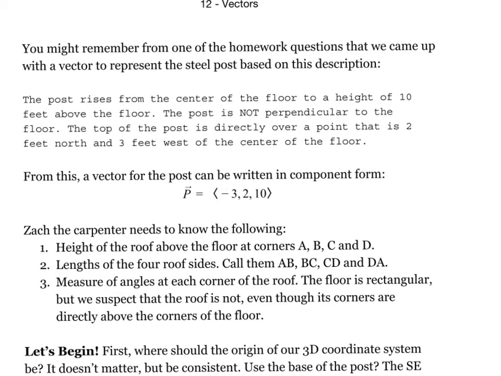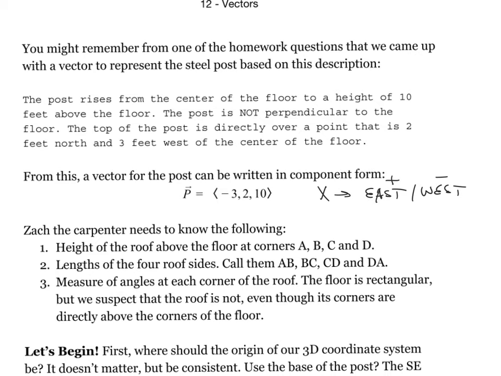And so we have here a vector shown, and this is actually done in one of the homework assignments. We have an x component. Let's say that is the east-west direction. So east would be positive x, and west would be negative x.